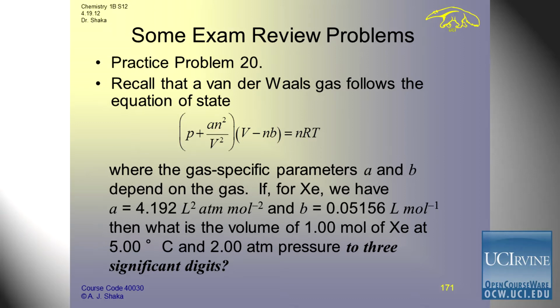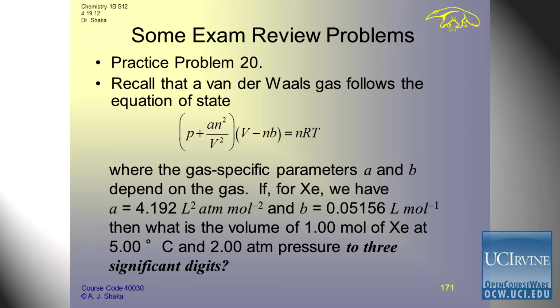The gas-specific parameters a and b depend on the gas. For xenon we have a equals 4.192 liters squared atm per mole squared, and b equals 0.05156 liters per mole. Then what is the volume of 1 mole of xenon at 5 degrees Celsius and 2 atm pressure to 3 significant digits?